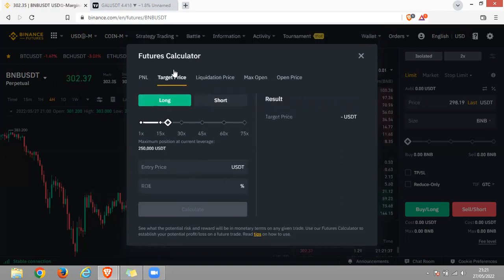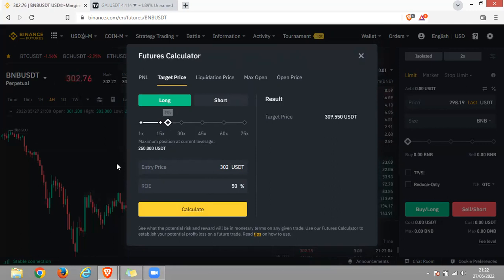Now, guys, this is very important. Let's say I give a signal that we are longing BNB at 302 and we are anticipating to make 50%. I want to know where I will be leaving the market to get 50%. It means I should be going with 309. I should be getting 50% with 20x.